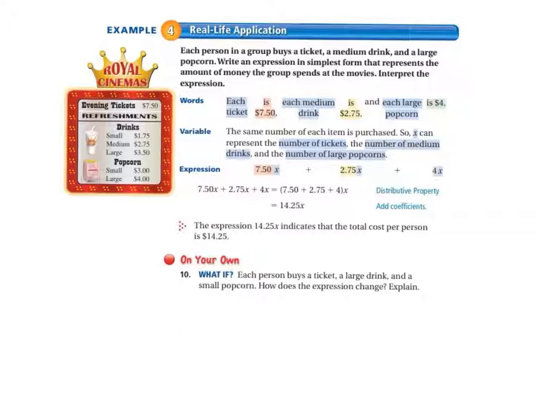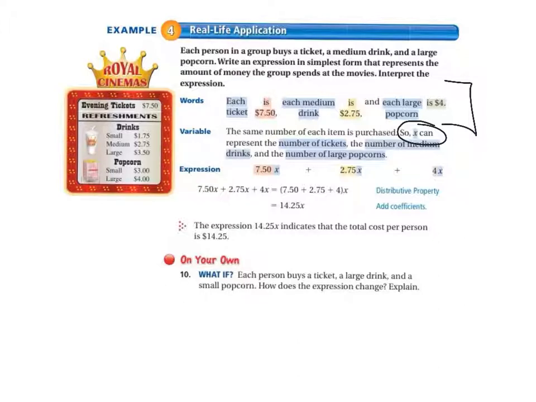It doesn't tell us how many people are going to the movies, so that's the part we don't know. But it does tell us how much each ticket costs, and each medium drink costs, and each large popcorn costs. So all of that is right here in words, and it tells us that x is our variable, which is the thing we don't know, which is how many people are going.